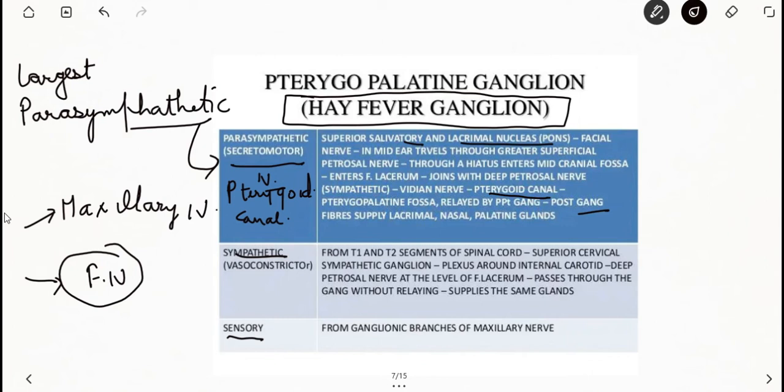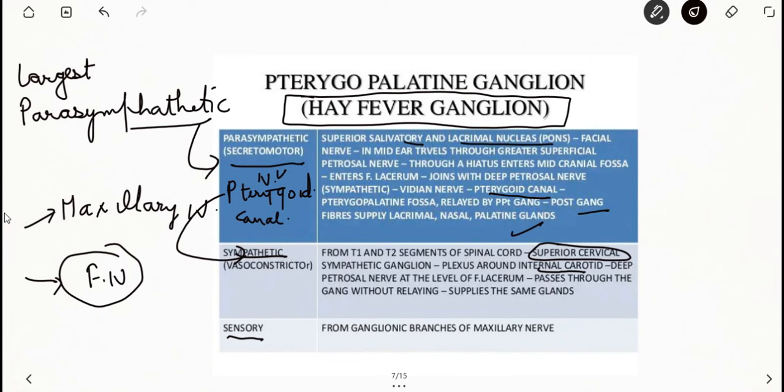sinuses, palate and nasopharynx. The sympathetic root is derived from the nerve of pterygoid canal, same as the parasympathetic root. So it contains postganglionic fibers that arise in superior cervical sympathetic ganglion that passes around the internal carotid artery, deep petrosal nerve and the nerve of pterygoid canal to reach the ganglion.